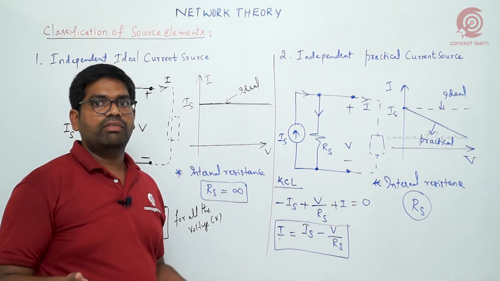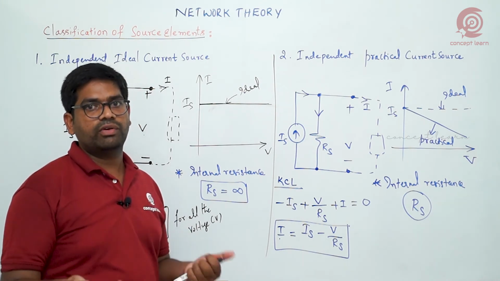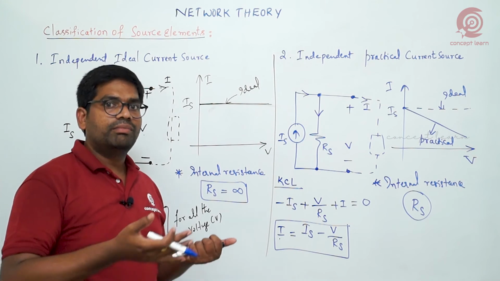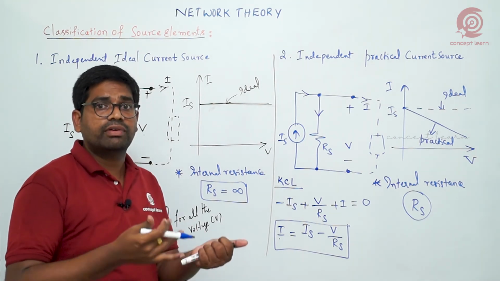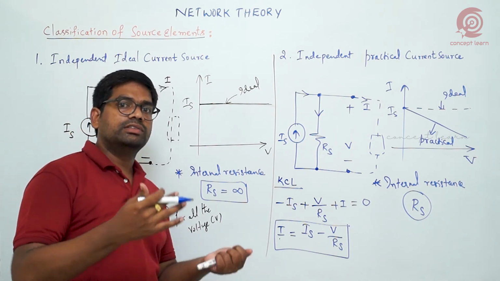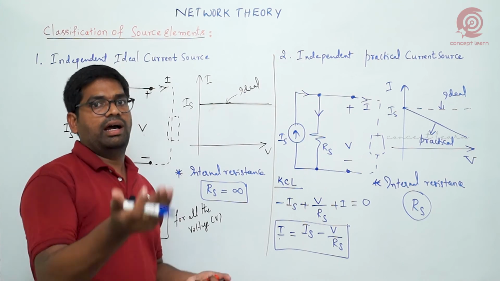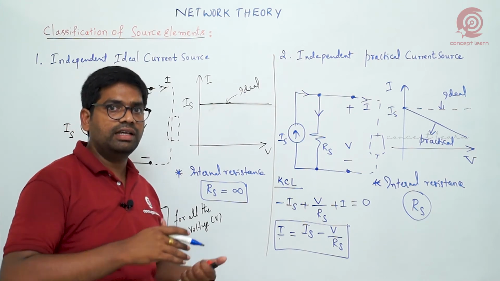When you connect it to an element, the element could be bilateral like RLC, but active and unilateral we are saying from the source point of view. Sources are active and unilateral elements. But other elements you can have as passive and bilateral elements in the circuit.